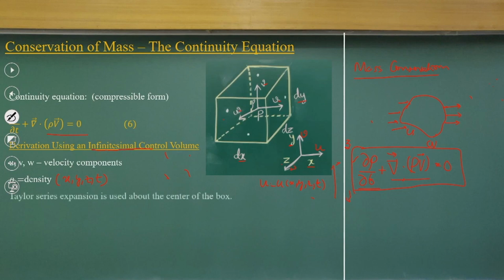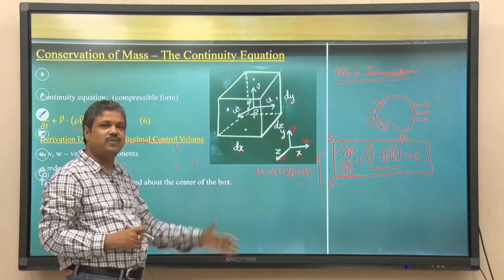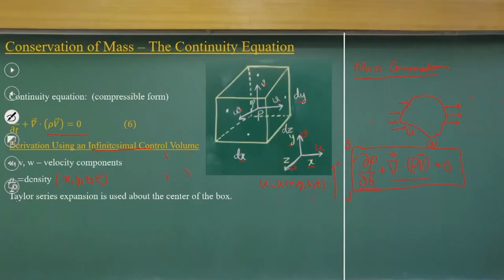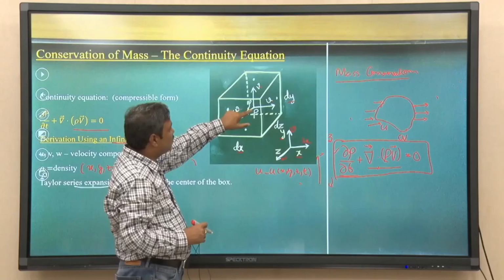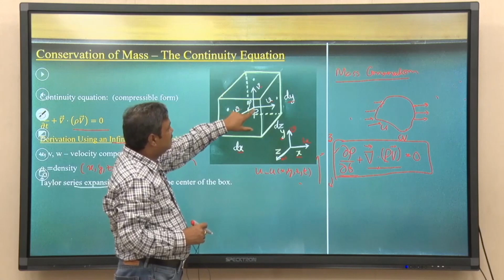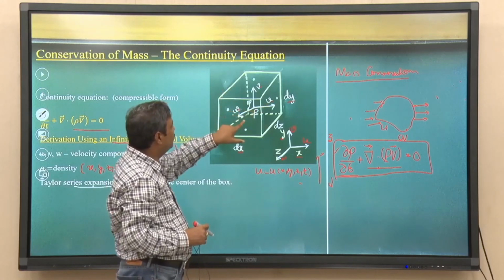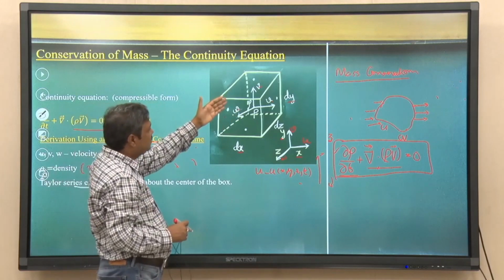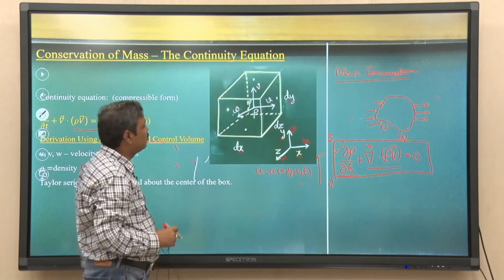Here the very basic thing is that I can apply the Taylor series, a basic concept that any function, if it is a continuous variable, can be approximated using Taylor series expansion. So, as I consider at the centroid of this box, the velocity is equal to u, v and w. What will be the velocity at the different faces? That is what we are going to look at.